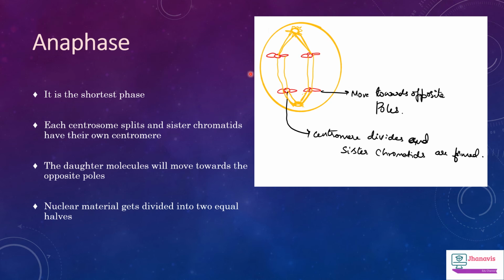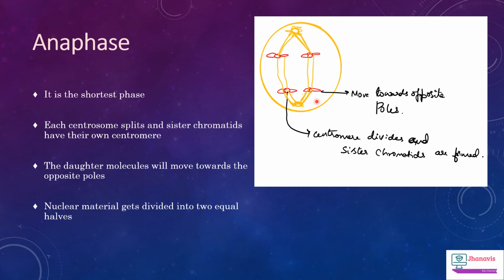Here in the anaphase, using this diagram, I am explaining the anaphase which is seen in the mitotic cycle. Here you can see in the metaphasic stage, the chromosomes are aligned at the equatorial plate. But whereas in anaphase, we can see that the chromosomes start moving towards the opposite poles. The pressure which is created will pull the centromere region of the chromosome towards the end, and the sister chromatids are formed.